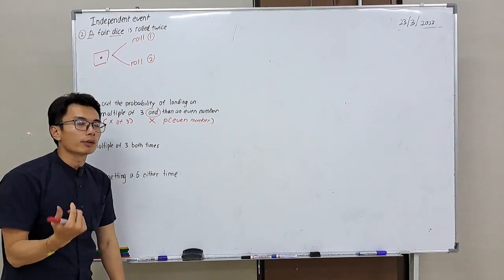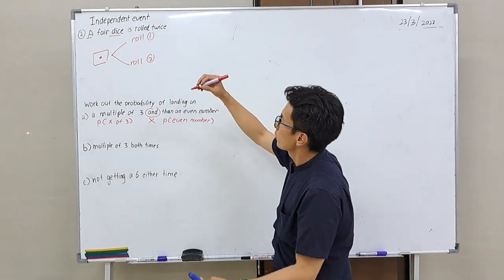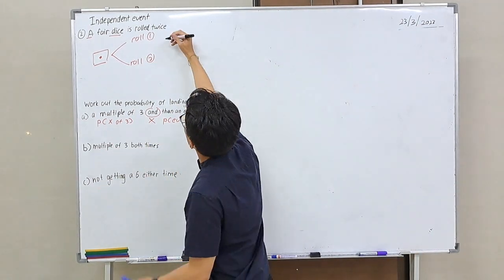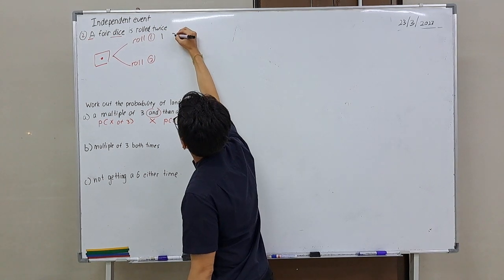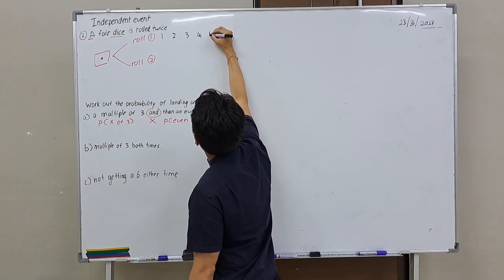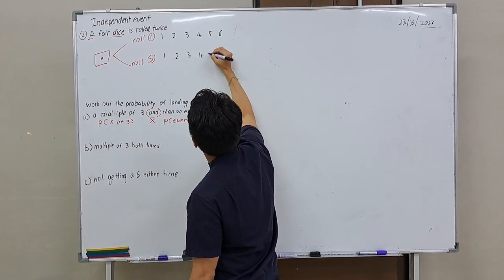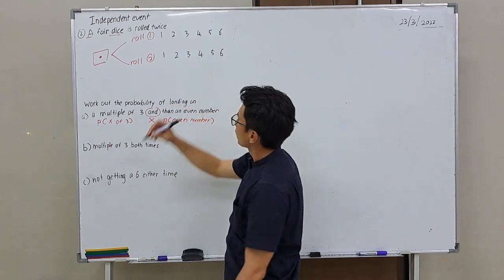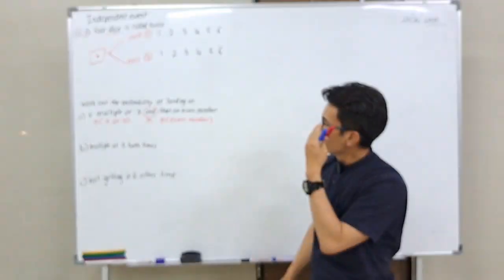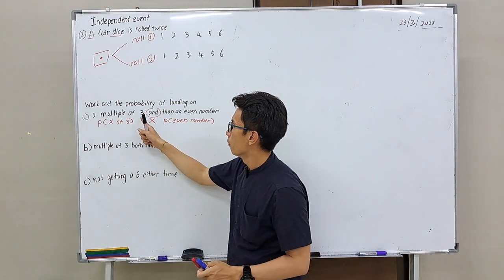When we talk about a dice, how many outcomes are there? There are a total of 6 outcomes because there are 6 numbers: 1, 2, 3, 4, 5, and 6. For my first roll, what's the probability that I will get a multiple of 3?